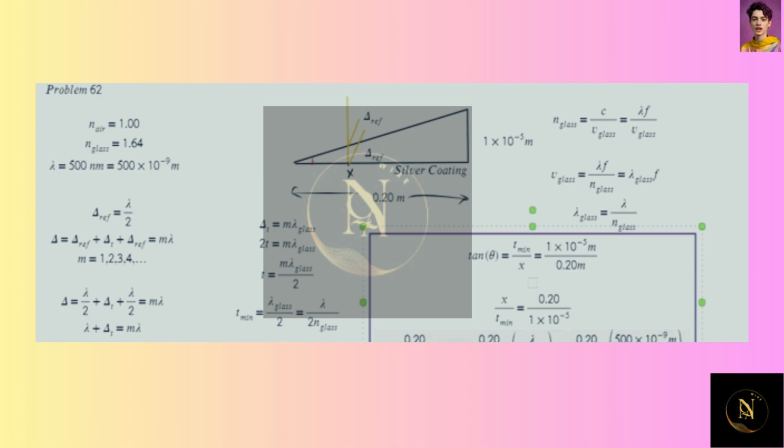So everything here multiplied out comes out to be 3.0 times 10 to the negative 3 meters. Okay, let's make some space here.